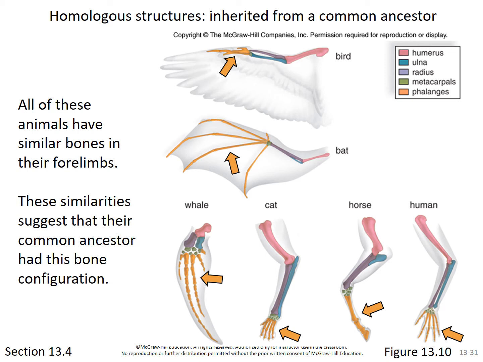Some other things, if you look at the horse, then a horse has actually lost a lot of its phalanges. So it's only got basically one major phalanx left. So it's got basically one finger bone. Different selective pressures are going to drive the configuration of these bones in different directions.